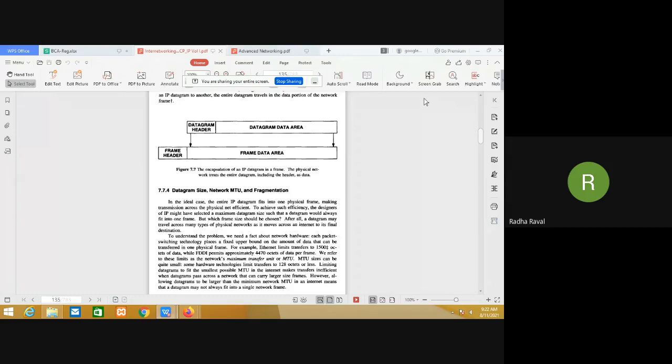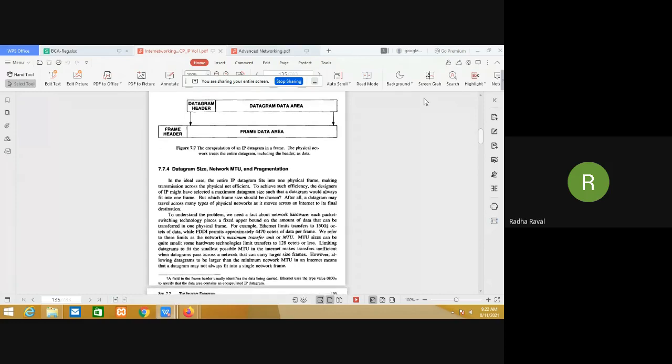To achieve such efficiency, the designers of IP might have selected a maximum datagram size such that the datagram would always fit into one frame. But which size of datagram you put into the frame, and which frame size you can choose?